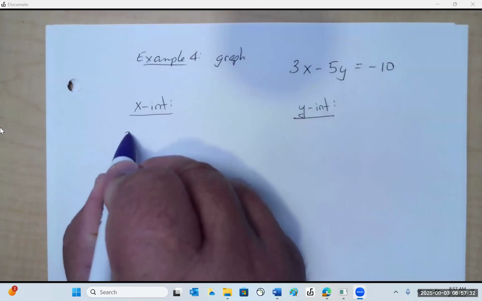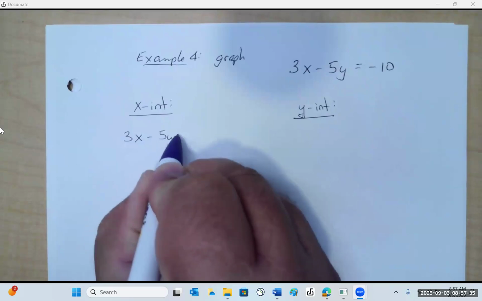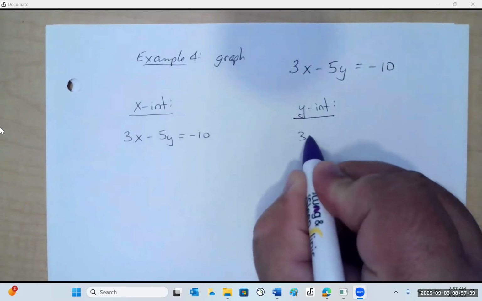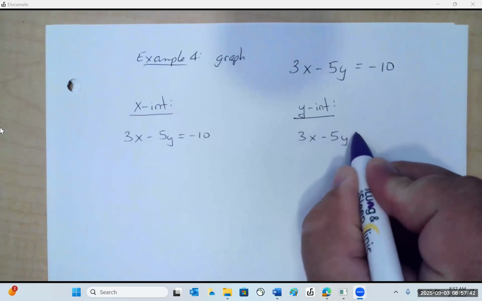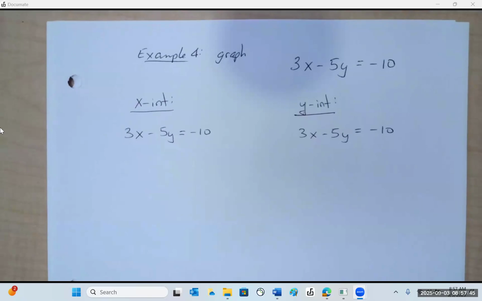We have the same formulas. 3x minus 5y equals -10. So to find the x-intercept, what do I have to do?